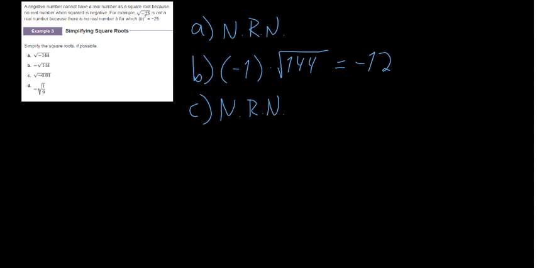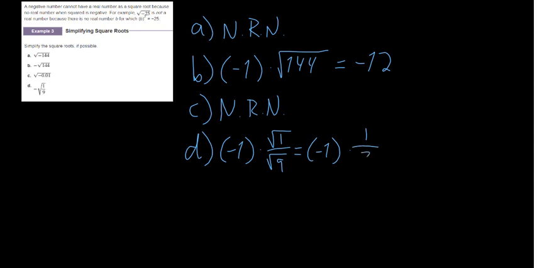Okay. And then D, same thing. We're going to do the negative 1 out front, right? And then it is the square root of 1/9. So remember that I can rewrite that as the square root of 1 over the square root of 9, which is negative 1 times, all right, the square root of 1 is just 1, and the square root of 9 is 3.